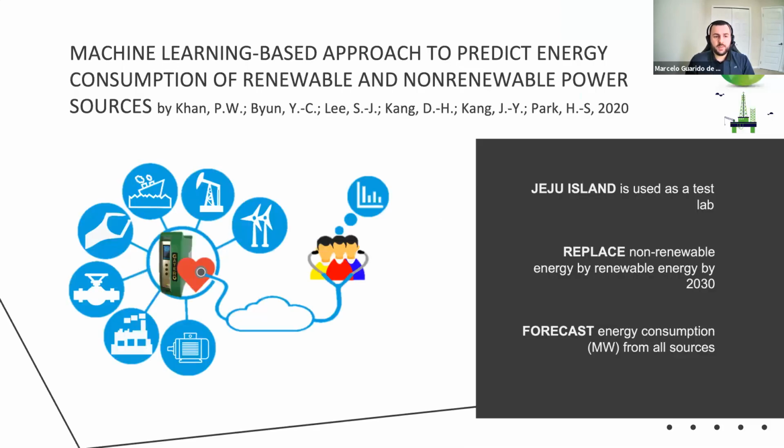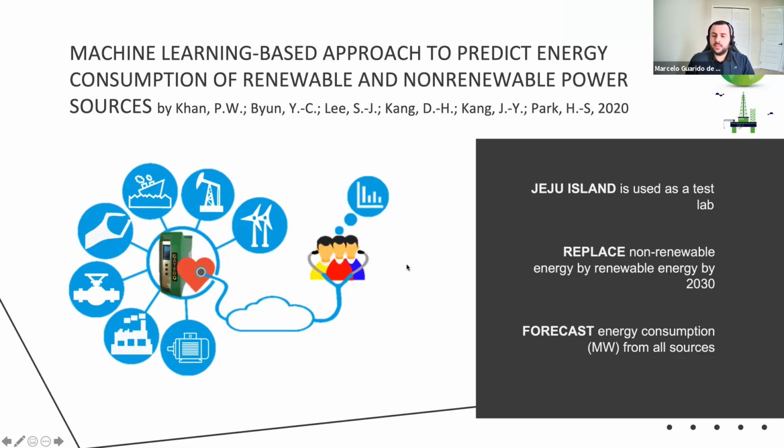And the first paper is from Kim et al. It's a machine learning based approach to predict energy consumption of renewable and non-renewable power resources. So the goal of this paper was to get all the information they have for each energy resource in South Korea.